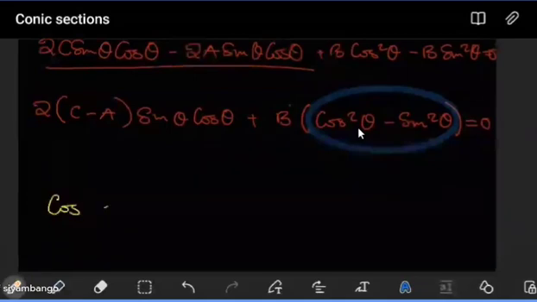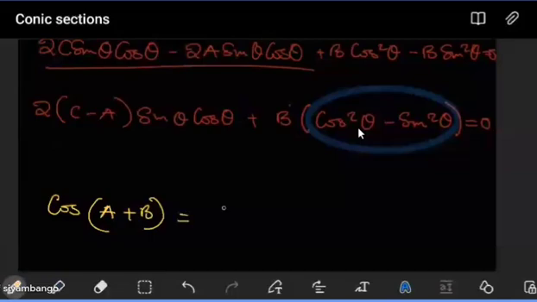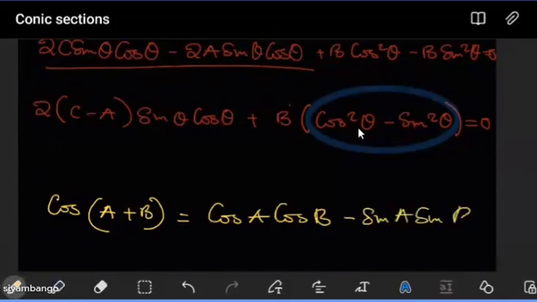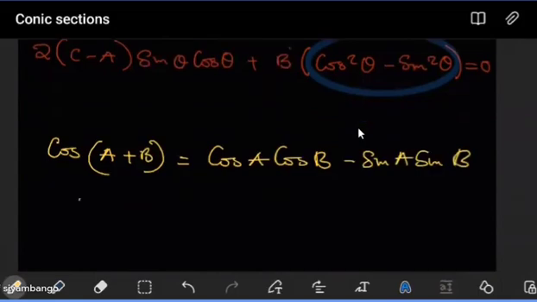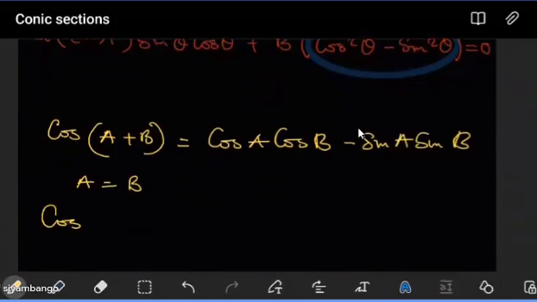Remember I said if you have cos A plus B, this becomes cos A cos B minus sine A sine B. But imagine if A was equal to B, meaning that now you have cos 2A.